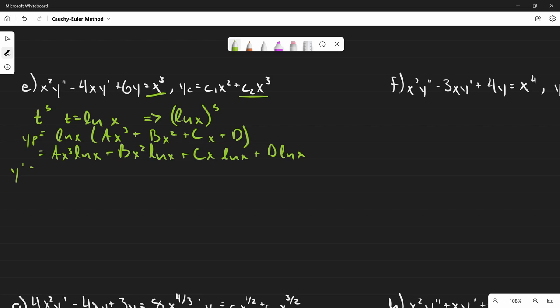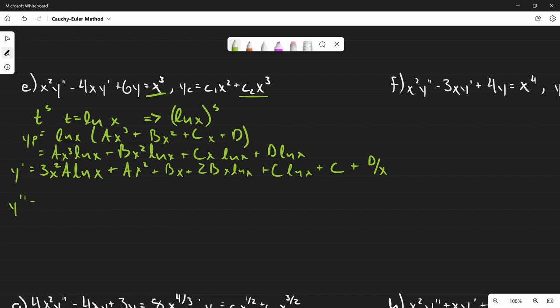And when we take the derivative, this will be 3a x squared natural log of x plus a x squared plus b x plus 2b x natural log of x plus c natural log of x plus c plus d over x.